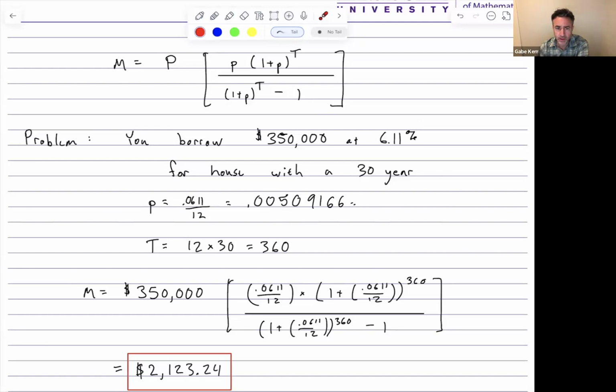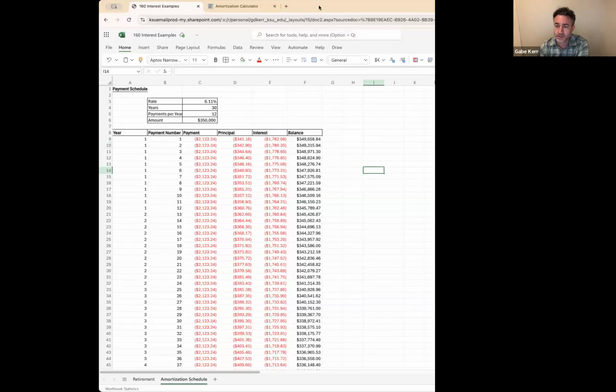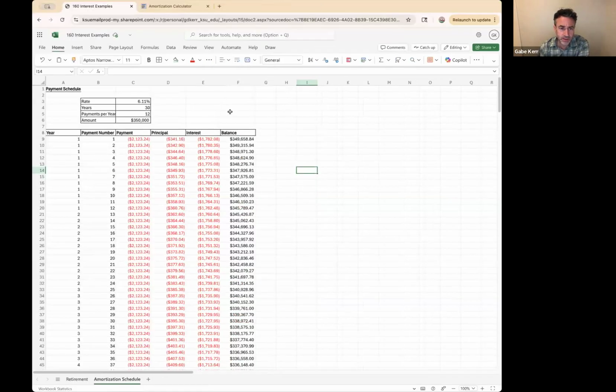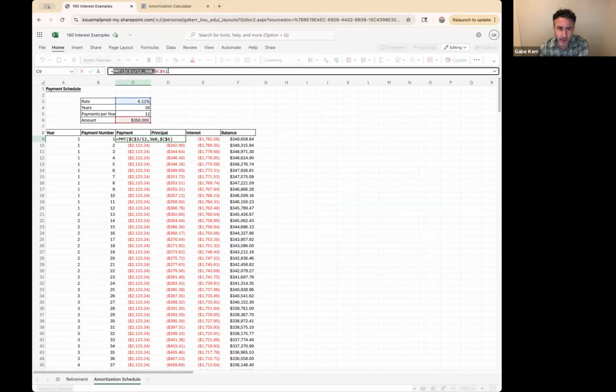All right, so let me share screen here on this one. This is an example of a sort of self-made amortization schedule that does the example that I just computed. You'll see that the payment amount is exactly the same each month, and it's what we just computed. However, I didn't use the formula that I used. Instead, I used an Excel program that actually computes that number for you.